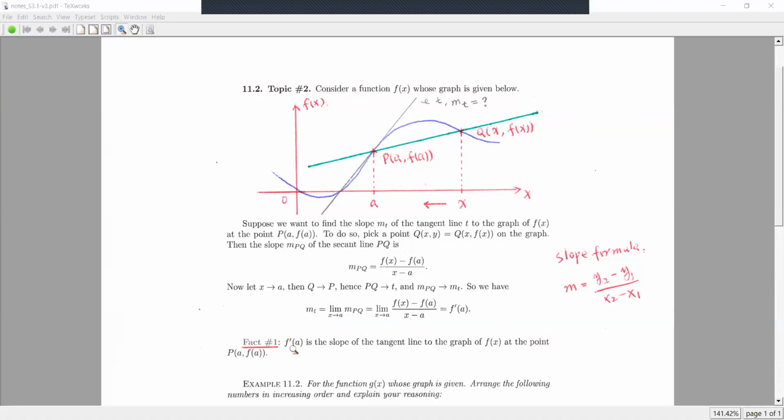The derivative of function f at the point A is the slope of the tangent line to the graph of the function at the point P. This point has x-coordinate A, y-coordinate is the function value at A.